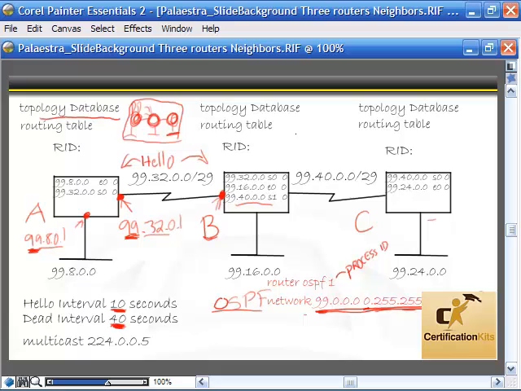OSPF then uses what's called the shortest path first algorithm, math stuff. And they run this algorithm against the information in the topology database. That's how they determine what the best cost path is. Once they've determined the best cost path by running this shortest path first algorithm on the topology database, they put the best cost path in their routing table.